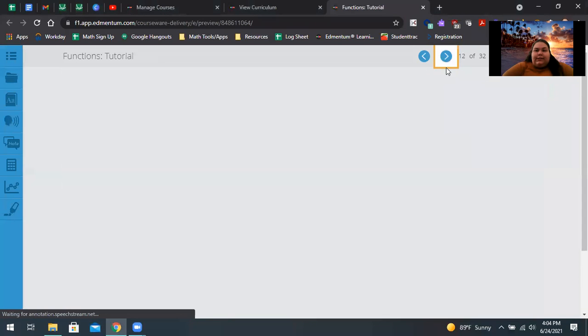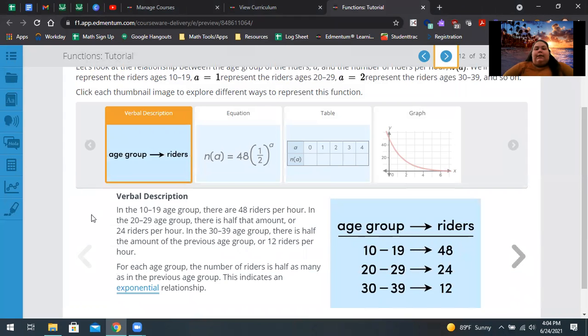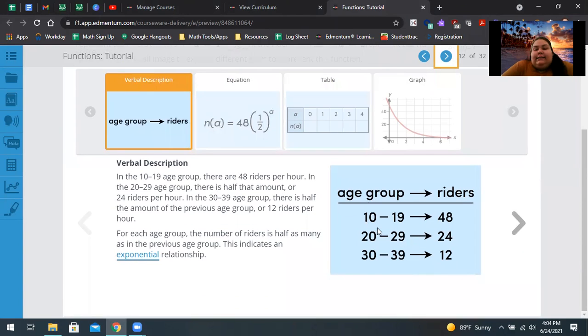Let's go ahead and move on to slide 12. Function representation. When it says age group to writers, you're going to see that that's considered a verbal description. For this one specifically, in the 10 to 19 age group, there are 48 writers.